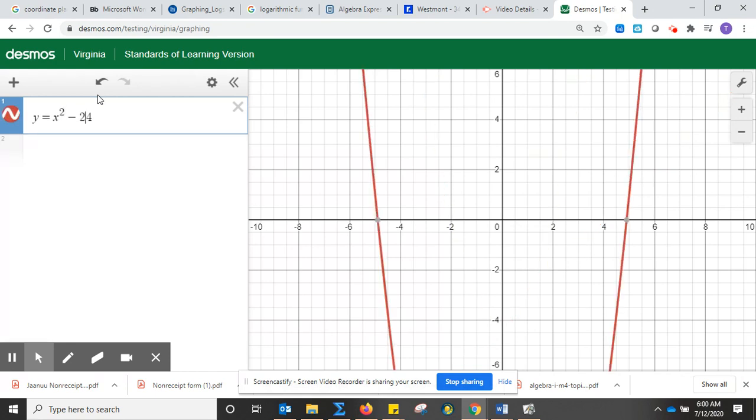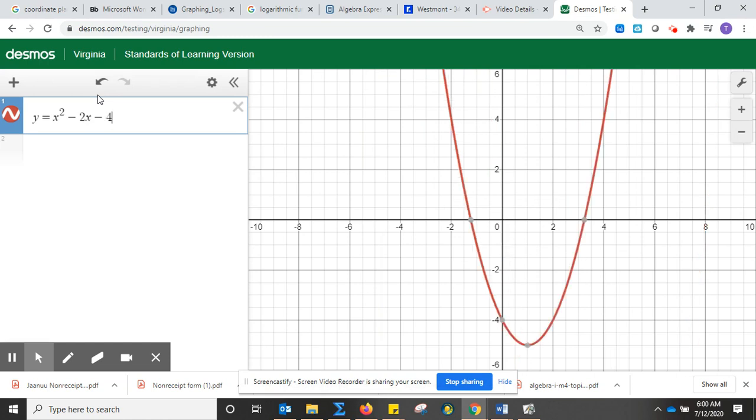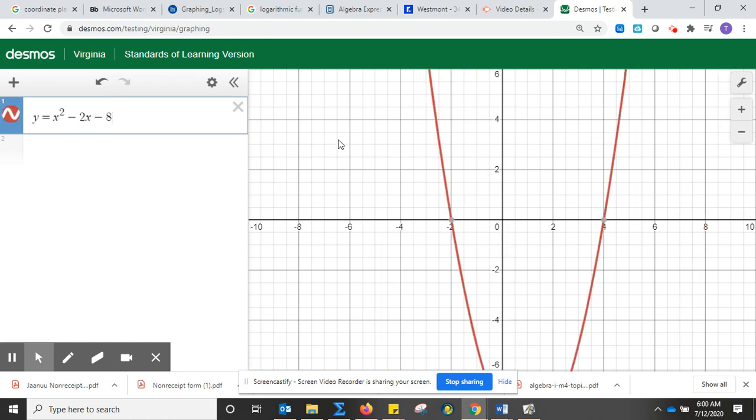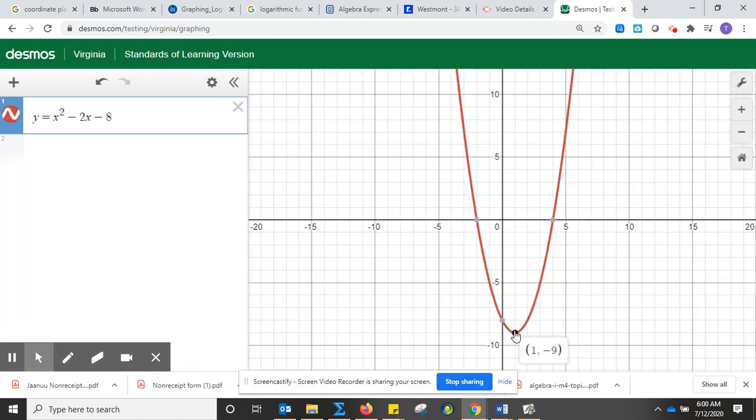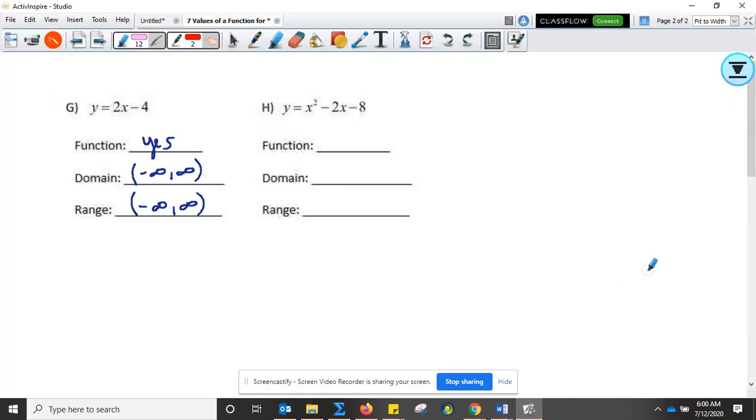Okay, when we look at this, the lowest point is 1, -9. So if I sketch that, it's going to look like this. 1, -9. And it's going to just go like this.